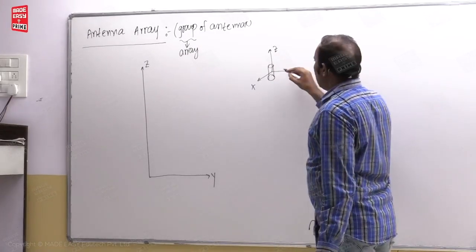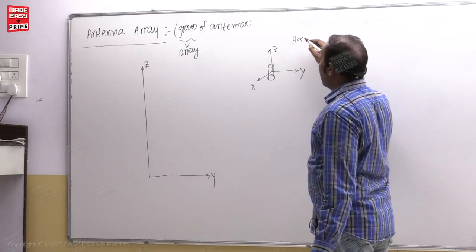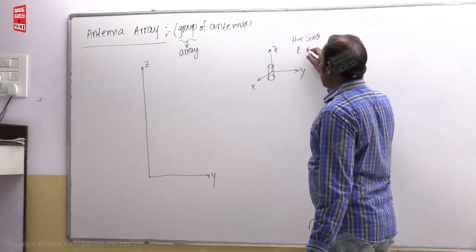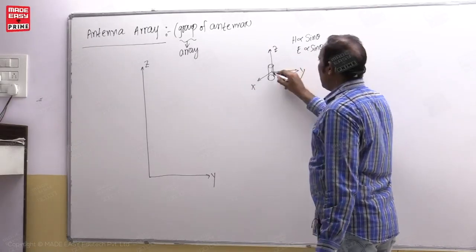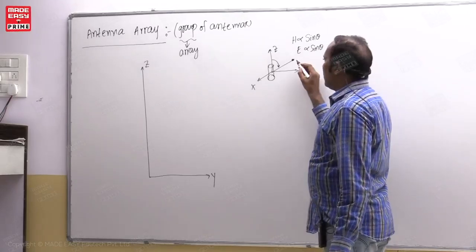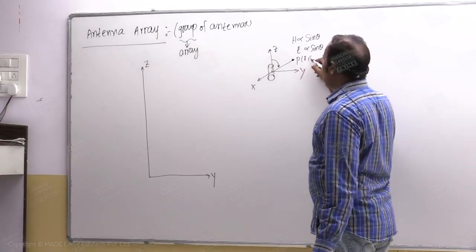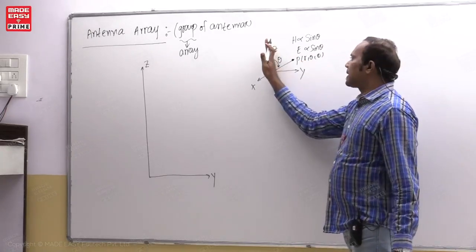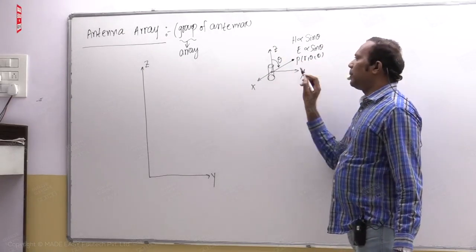I told you the magnetic field pattern is proportional to sine theta, and the electric field pattern is also proportional to sine theta, where theta is the angle at point r, theta, phi. Theta is the angle between the z axis and the line drawn from the origin to the field point.